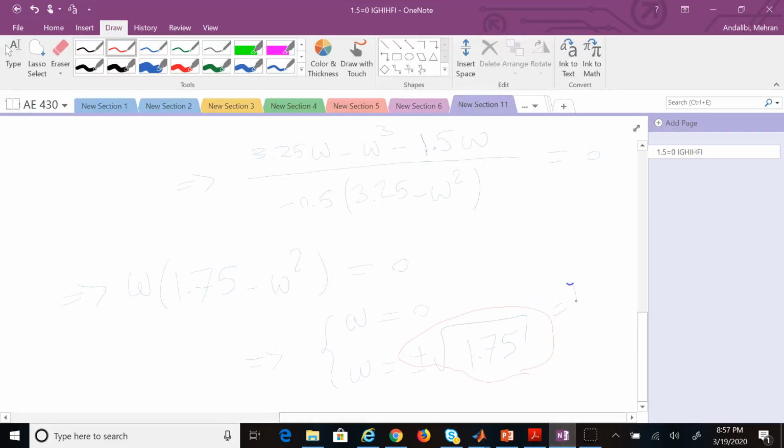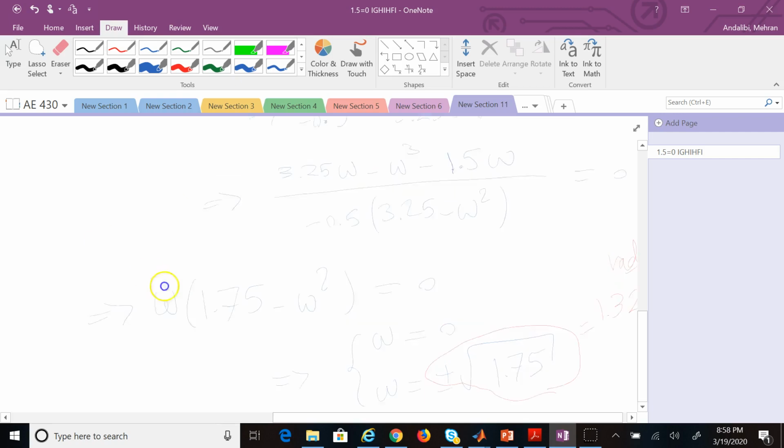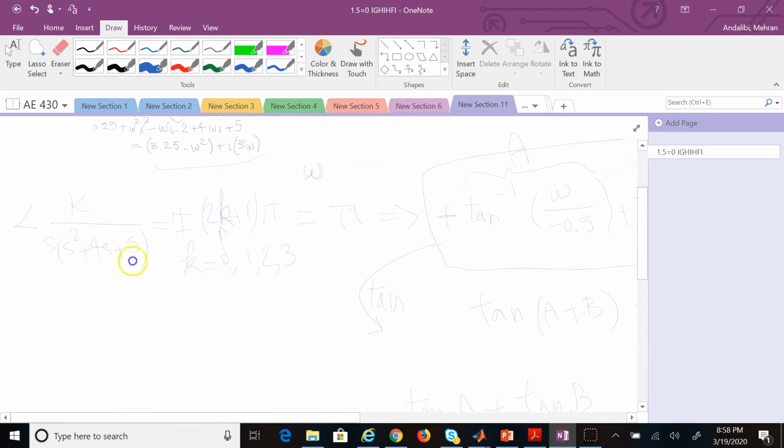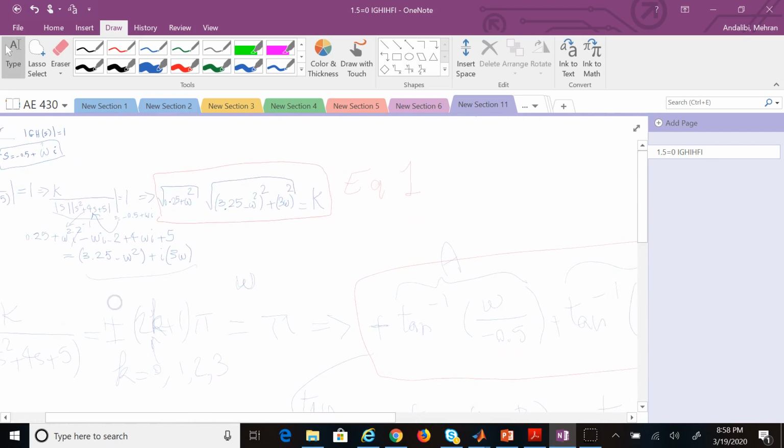Okay, so the answer is 1.323 radians per second. That is the omega that I have, and then I come back all the way to here, and I plug in 1.323 for omega here, and then that will give me the gain at that point.